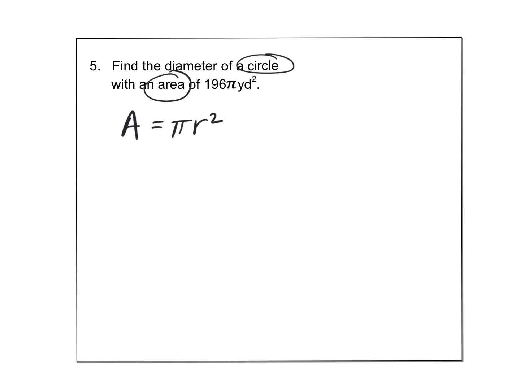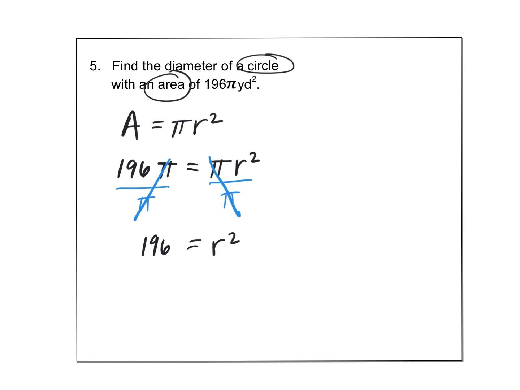They're telling you the area is 196 pi, so put that in for A. 196 pi equals pi, and then we don't know the radius, so we'll leave that, r squared. Divide both sides by pi. And something kind of cool happens. They cancel and they cancel. So that leaves us with 196 equals r squared.